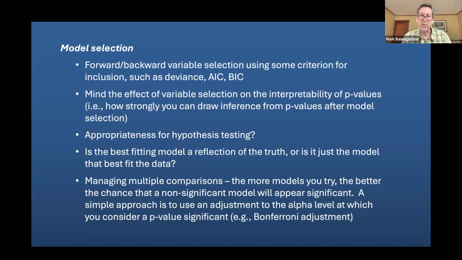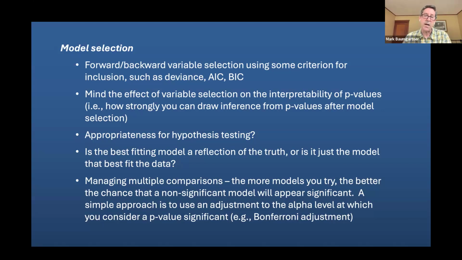Something to often think about is whether the best fitting model is really a reflection of the truth, or is it just the model that best fits the data? And if your model is challenged with independent data, would it do so well? Another thing related to this is managing multiple comparisons. You might end up running a whole bunch of models to figure out what environmental variables are important.